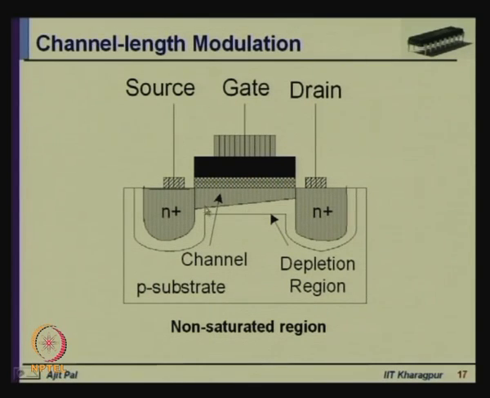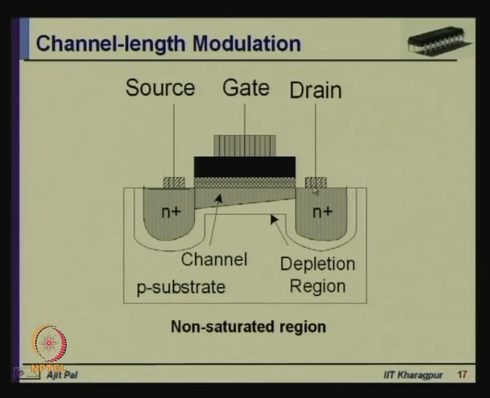You can see the channel region is not uniform throughout the channel. The reason for that is, here the drain voltage is 0, here the drain voltage is high, and because of the interaction between the gate voltage and drain voltage, the thickness of the channel region is more near the source and it is very narrow near the drain.